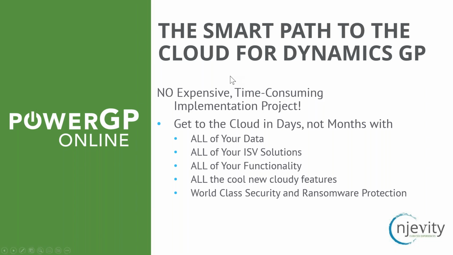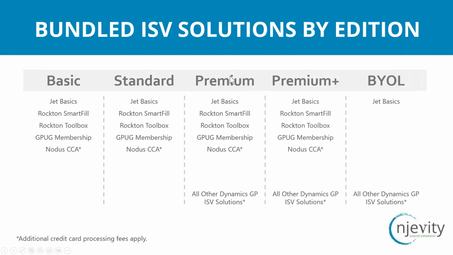But the reason I really wanted to talk about PowerGP Online specifically, as we are talking about with our friends from Nodus, is that we have 5 editions. 4 of them are subscription editions, and we have bundled in ISV solutions that we work really well with, that a lot of the customers out there just use and implement. So things like Rockton SmartBill, Rockton Toolbox. We also give you GPUG membership, but you'll notice that Nodus Credit Card Advantage is also bundled into our subscription editions.